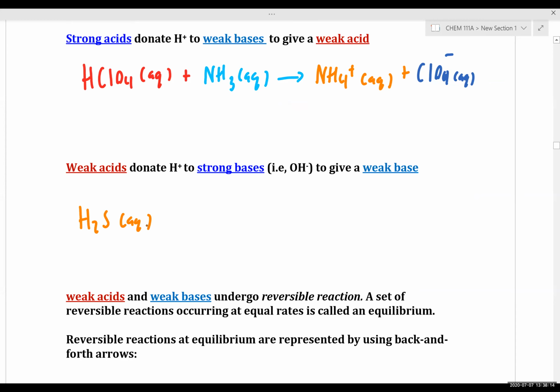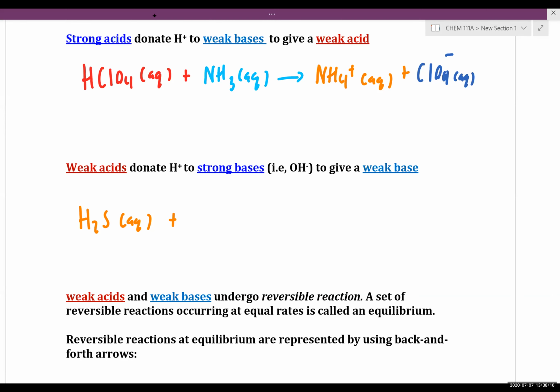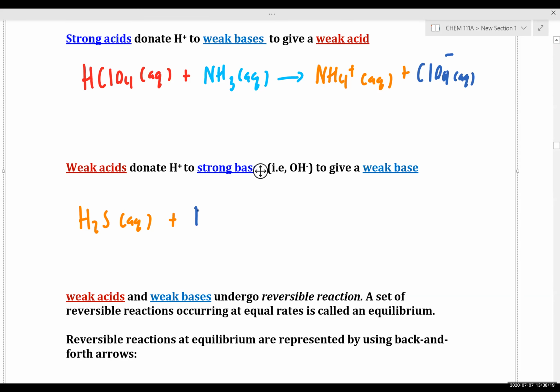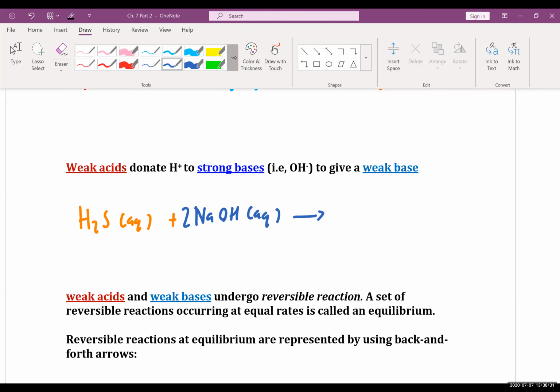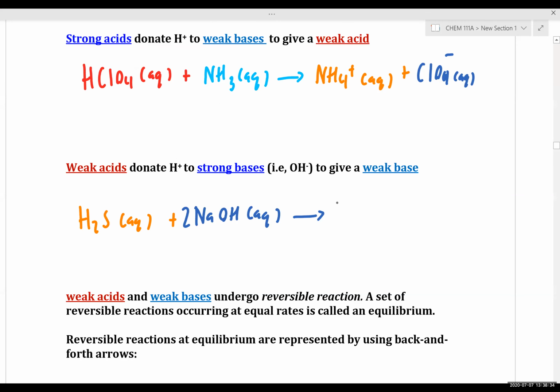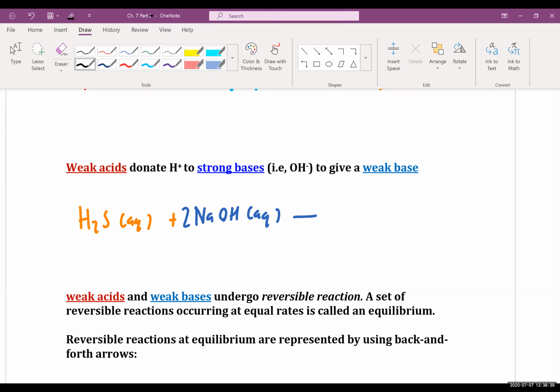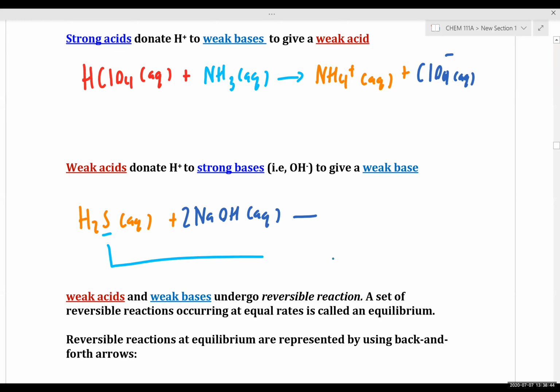So this weak acid will react with a strong base, such as, for example, sodium hydroxide aqueous. And in turn, it will generate a weak base. In this case, for hydroxide, our weak base is the conjugate base of hydrosulfuric acid, which is sulfide aqueous.